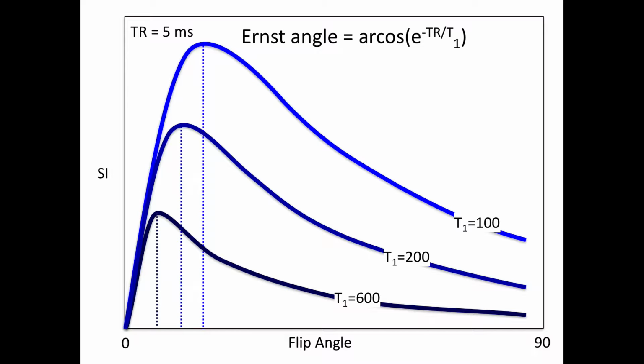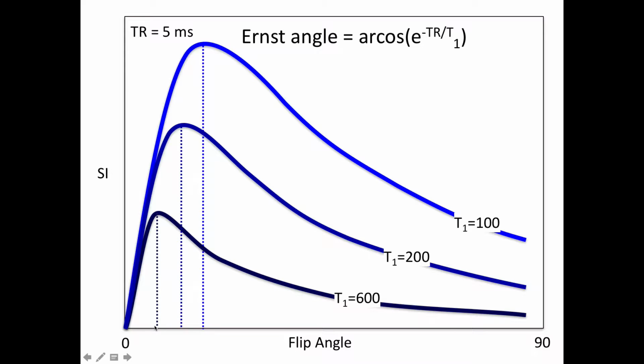So take-home messages. When you have a low TR, like 5 milliseconds, then the optimal flip angle, if you're trying to image a gadolinium-enhanced tumor, is probably about 15 degrees. And if what you're interested in is imaging unenhanced liver, then your optimal flip angle is probably about 8 degrees.